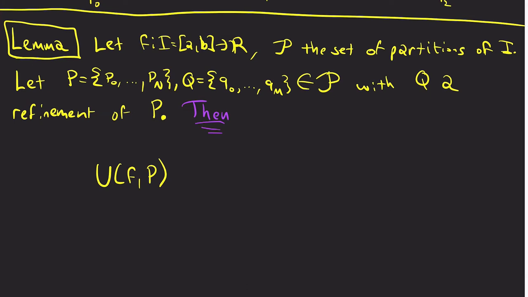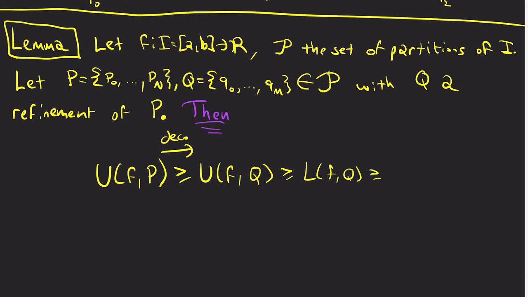So basically what we're going to show is that the upper integral decreases with refinement, right? Because we're taking the infimum of the upper integral. Clearly the upper integral should be bigger than the lower integral here on the same mesh.